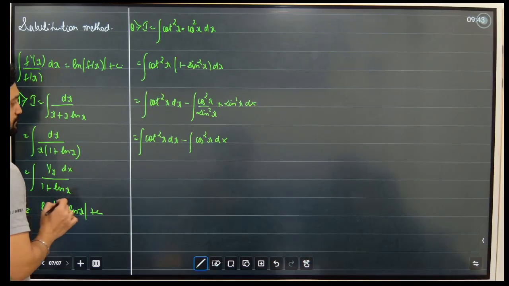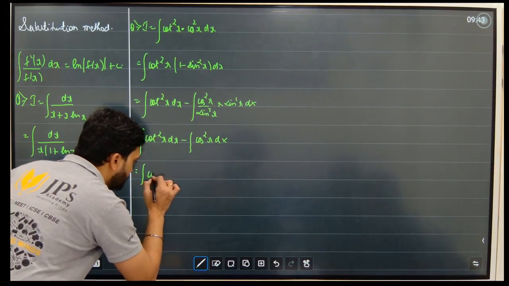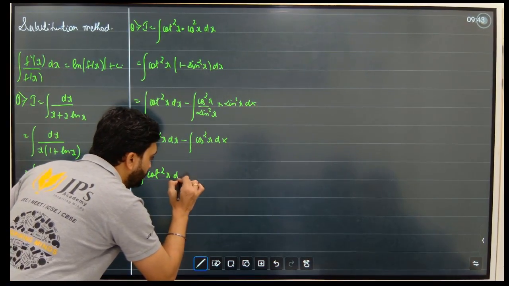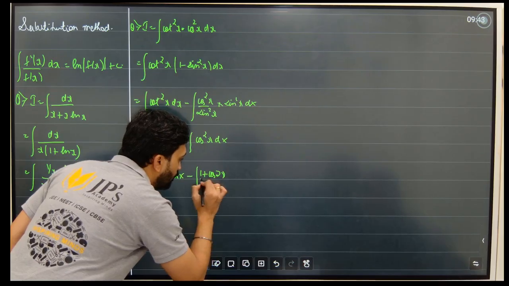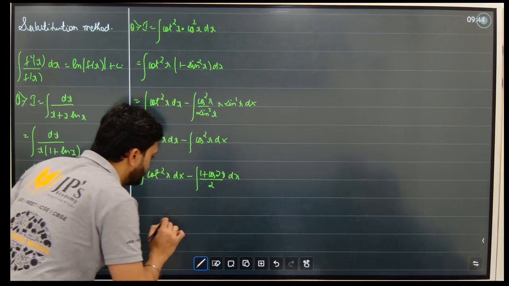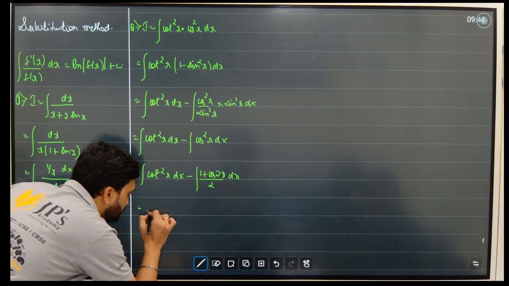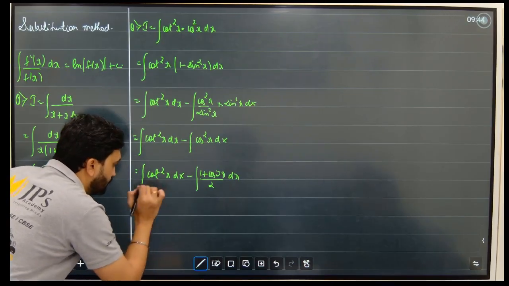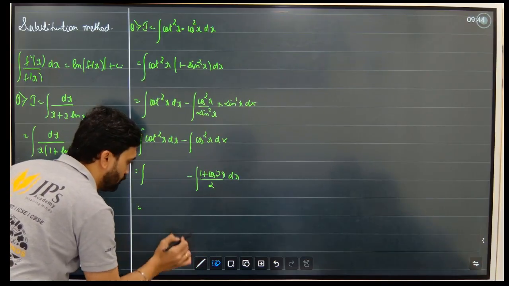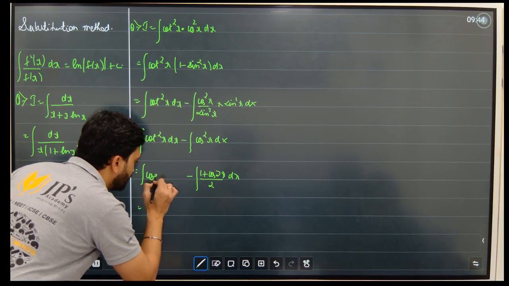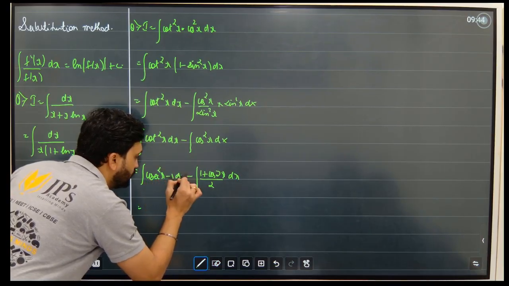Integration cot square x, I know the integration of cot square x, but before that I will write minus integration cos square x is 1 plus cos 2x upon 2 dx. Cot square x, I can write as cosec square x minus 1 dx.